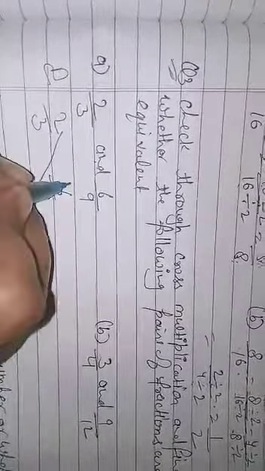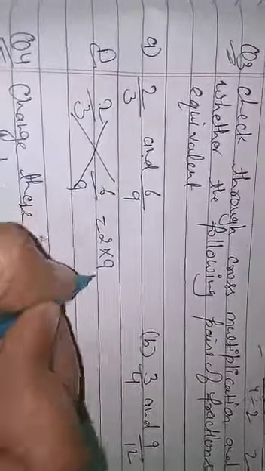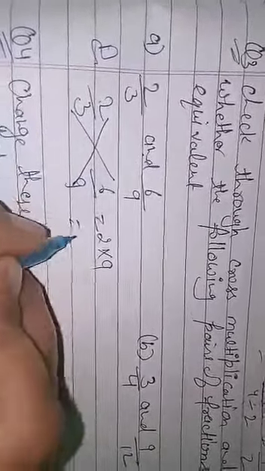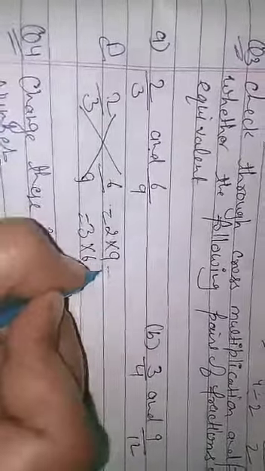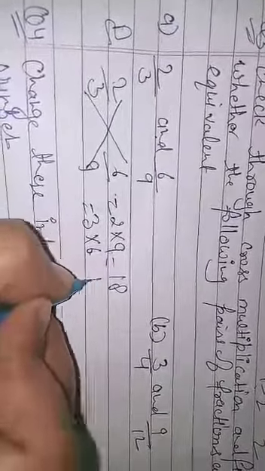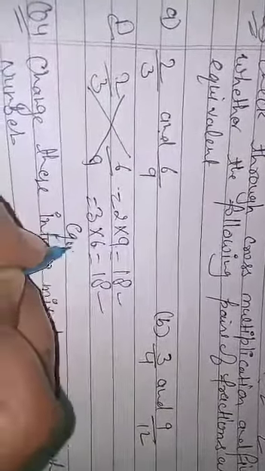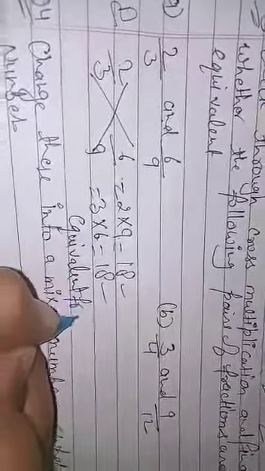Cross multiply. See here, 2 multiply 9 and this 3 multiply 6. What will become? 2 9s are 18 and 3 6s are 18. Both are the same. It means it is an equivalent fraction.